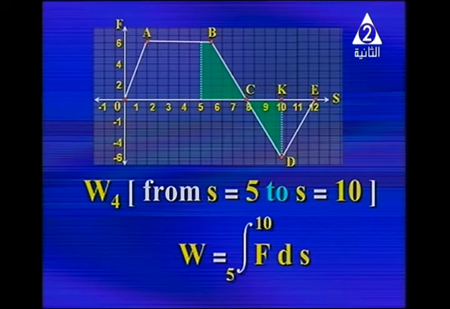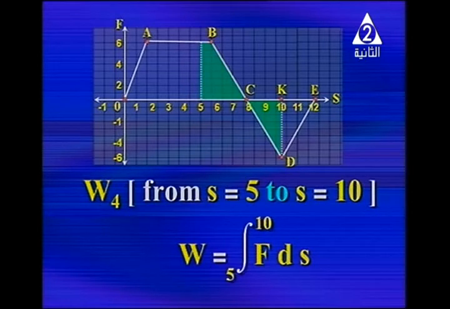Excellent, student. The area of the trapezium has first base 1, second base 4, and height 6. And we take the area of the triangle CKD, base equals 2, height equals 6.